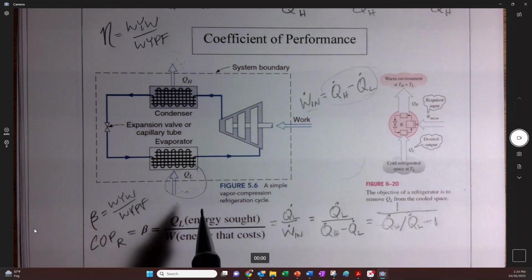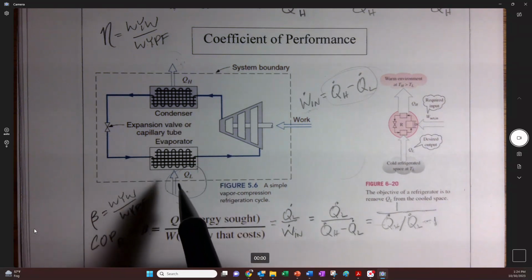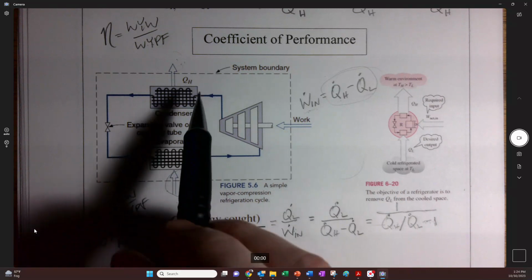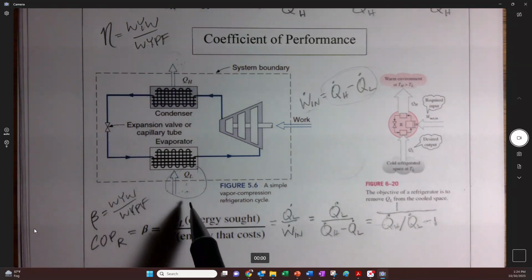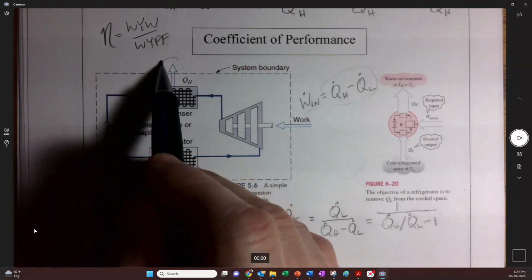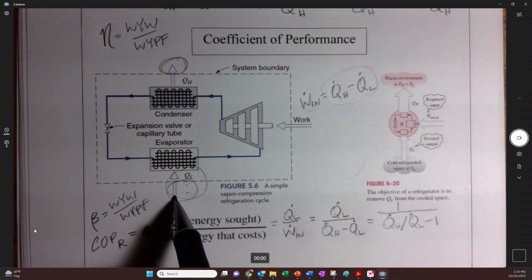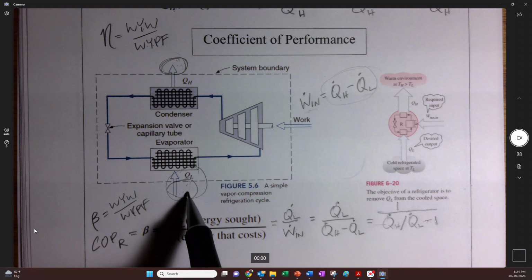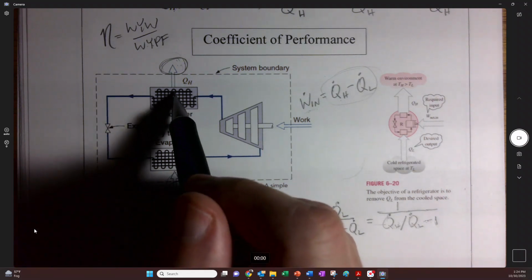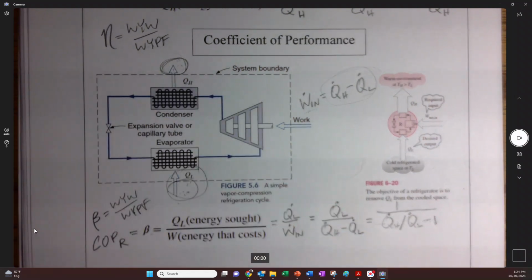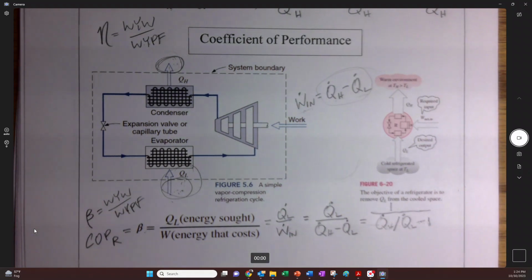So I don't have one shown right here, but you could just think about changing the purpose of this. So now let's say this is inside your home and this is outside. And we're drawing heat from the outside, and now we're exhausting it into your house. This is called a heat pump, right? So a heat pump has different goals.